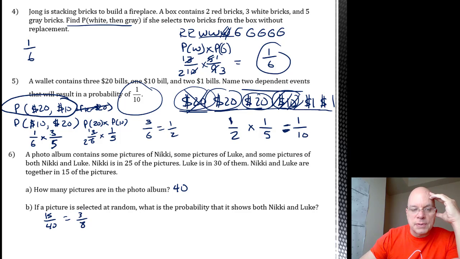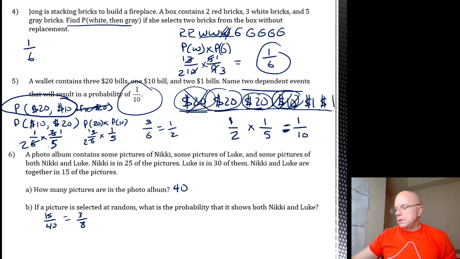And the 3 and the 6 become a 1 and a 2, and that's another way to get 1/10. So $20 followed by a $10 or $10 followed by a $20. I don't feel like that was maybe the best explanation, but that's what the 1:30 Zoom is for, if you want a little bit more clarification on any of these.